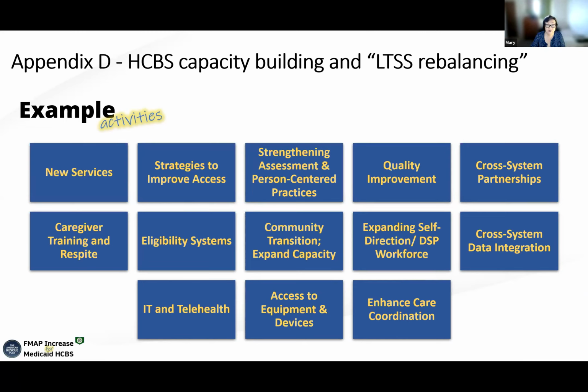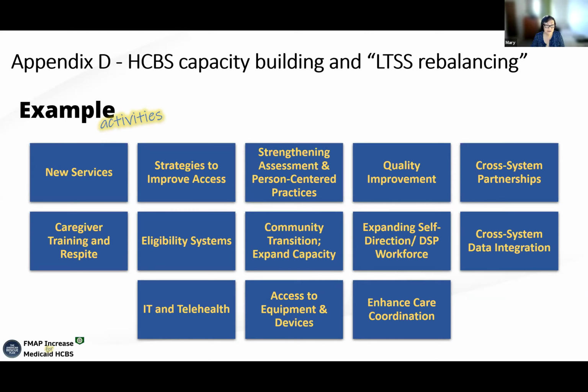Again, reading across the top row, new services that you don't currently have in your array, implementing strategies to improve the front door access to the waiver, such as putting in toll-free telephone lines, informational, pushing out information about how to access services, developing automated screening and assessment tools, and other kinds of things to help people to gain access to the waiver.